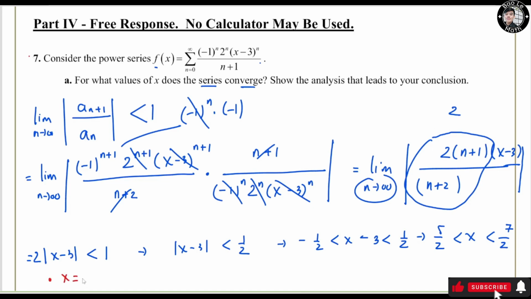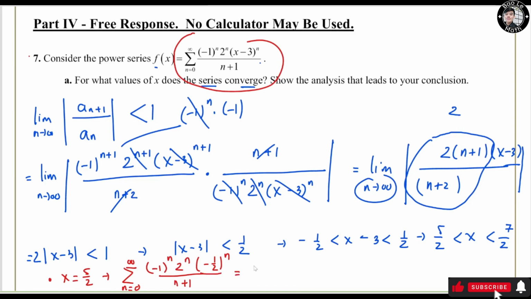If s equals 5 over 2, we substitute 5 over 2 for s back into this one right here, right? So we have the series n starting from 0 to infinity, negative 1 raised to the n, 2 raised to the n, (5 over 2 minus 3, which is negative 1/2) raised to the n over n plus 1, right?